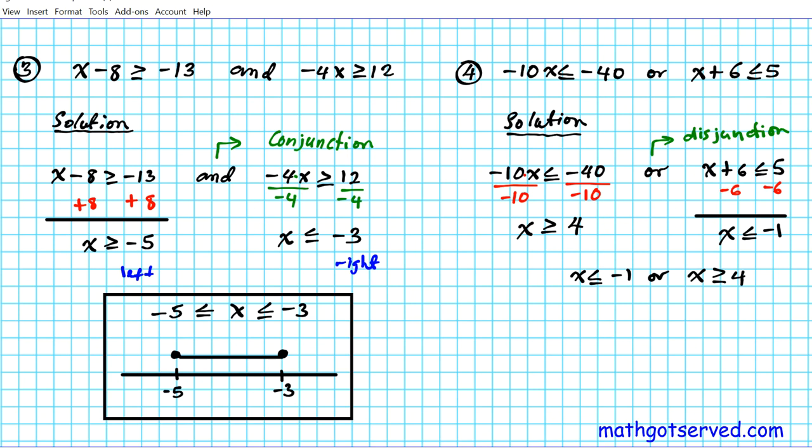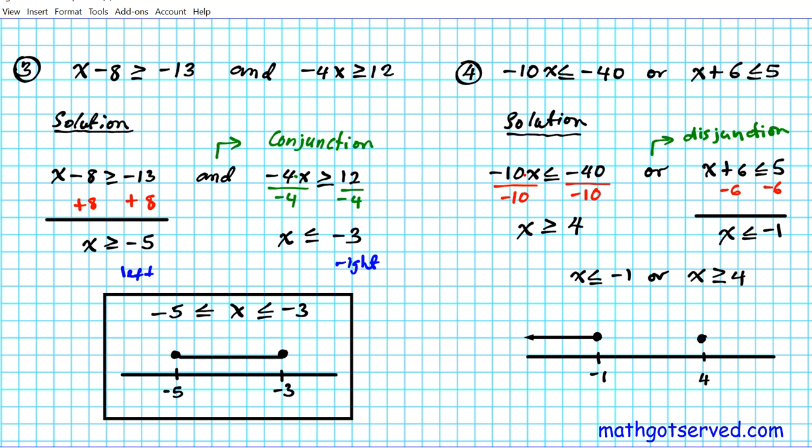Let's go ahead and graph our disjunction real quick. For the first inequality, the upper bound is -1. So we have a line there, which means inclusion. So -1 and anything less will be our first solution region. And then on the other side, x is greater than or equal to 4.